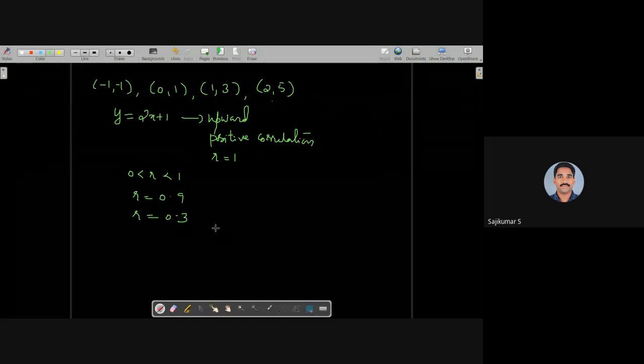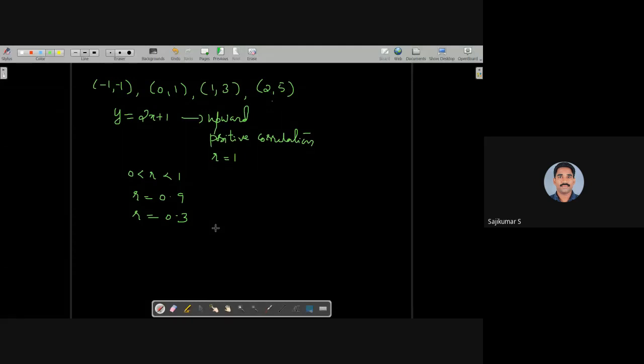We have computed the correlation coefficient r equal to 0.9 for one scatter plot, and for another set of data the positive correlation is r equal to 0.3. From these 2 computations, for which case can you expect more points in the neighborhood of the approximate straight line? r equal to 0.9.